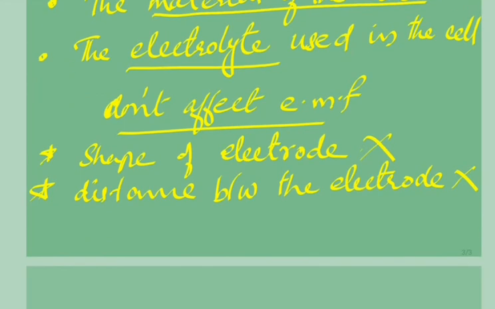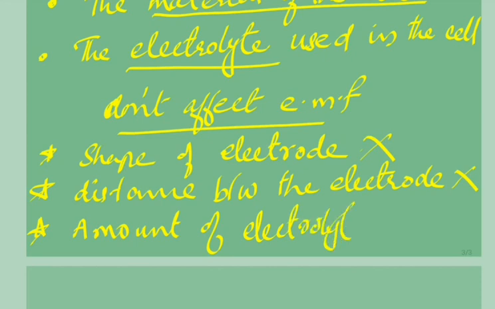Then also the amount of electrolyte, whatever be the amount of electrolyte, that also won't affect the EMF of the cell. So shape of the electrode won't affect the EMF. Distance between the electrodes won't affect the EMF. Amount of electrolyte will not affect the EMF.